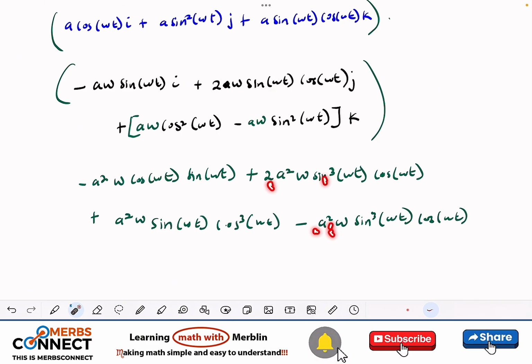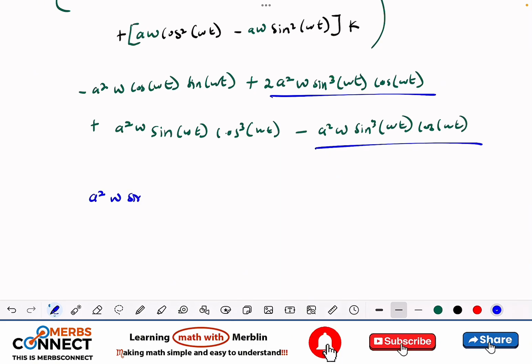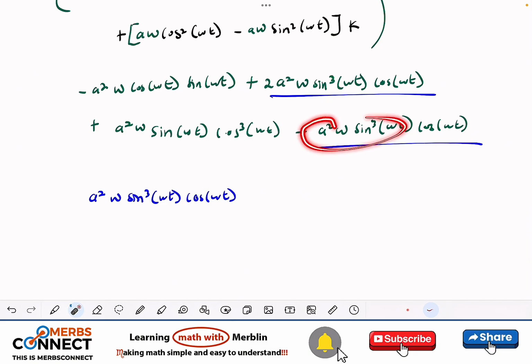So when I subtract, I'll have one of them. So with this and that, we are going to have a squared omega sine to the power 3 omega t cos omega t. So when I just subtract this from this is what I'm going to get.